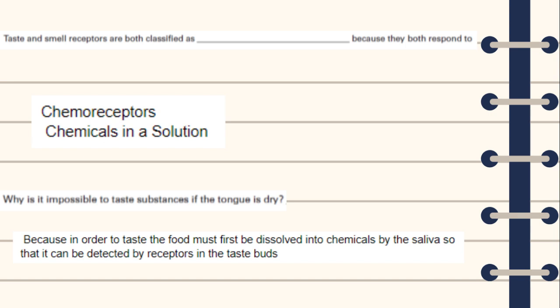Why is it impossible to taste substances if the tongue is dry? Because in order to taste the food must be dissolved into chemicals by the saliva so that it can be detected by receptors in the taste buds.